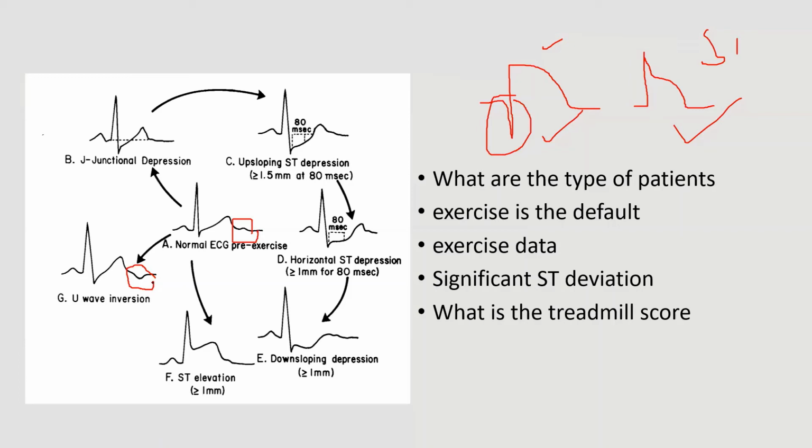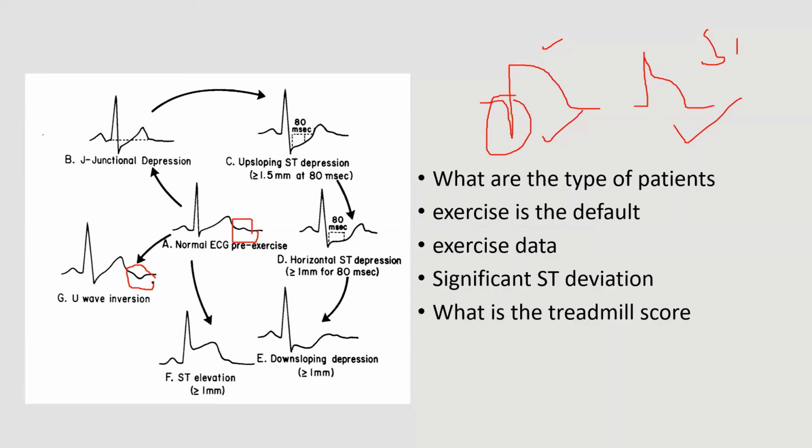Sometimes there may be other changes. The U wave is very significant if you could appreciate it. If U wave inversion happened, that's a big deal. We talked about the ST segment depression, how significant it can be and how not significant it is. Okay? So the ECG in the exercise lab needs a bit of review from us.